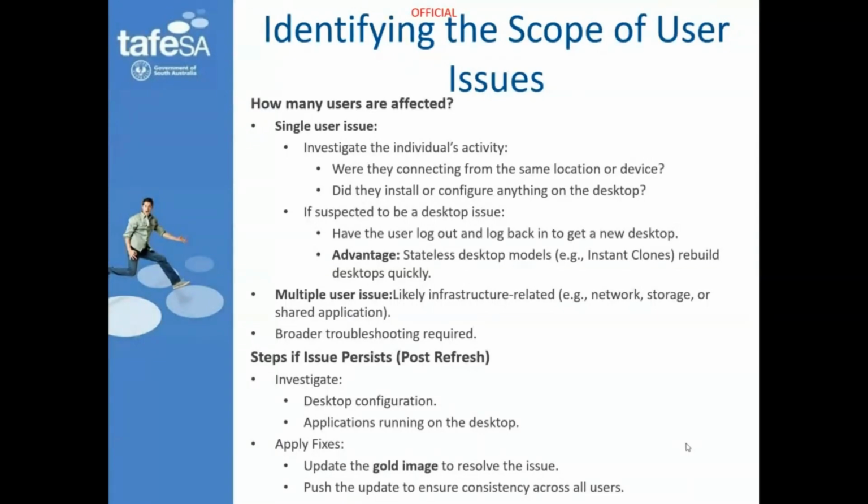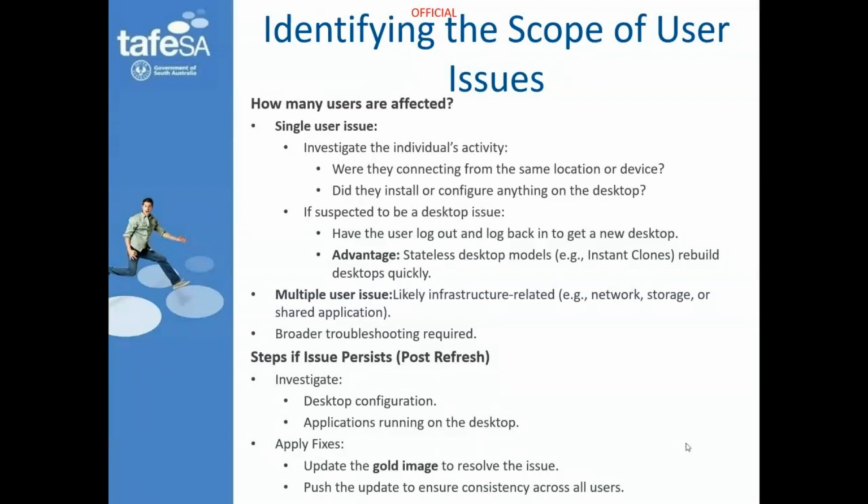If it's a single user issue, investigate the individual's activity. What are they doing? Were they connecting from the same location or device? Did they install or configure anything on the desktop themselves? If you suspect a desktop issue, have the user log out and log back into a new desktop. So basically, that's that instant clone, right? If it's a desktop issue, easy: just log out, it will be deleted, log back in, it will generate a new instant clone, and anything that's specific to the individual desktop will be eliminated.